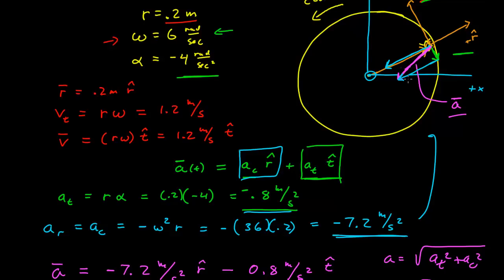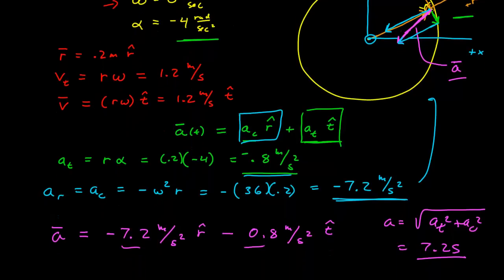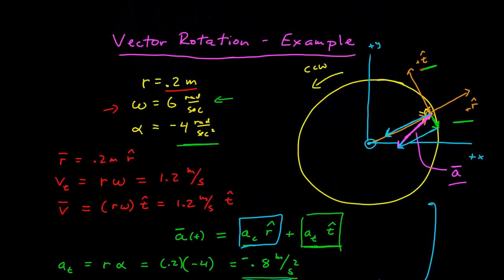It points mostly towards the center, but with a small component in the tangential direction. And so this is how we can come up with all of our accelerations given the initial information of where an object is, how fast it's moving, and whether it's slowing or speeding up.